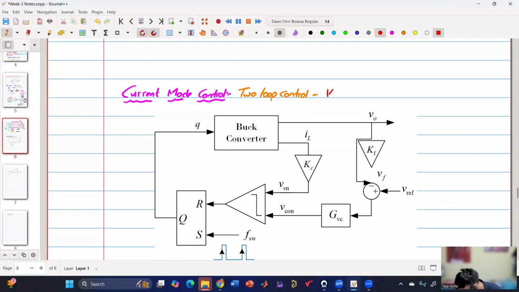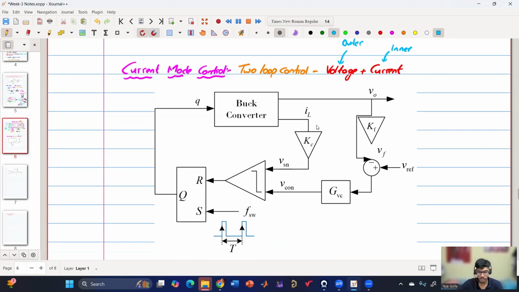One is the voltage, another one is the current. So the voltage is the outer loop and the current is the inner loop. Okay. So as I have mentioned, there are two loops. So first, let me highlight the two loops. One is this, and then this is the other loop.